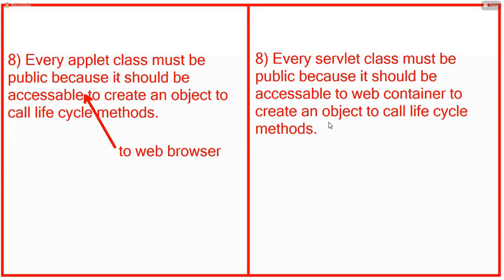Every applet class must be public because it should be accessible to the browser to create an object to call lifecycle methods. Every servlet class must be public because it should be accessible to the web container to create an object to call lifecycle methods. Up to JDBC, programs worked without public also.